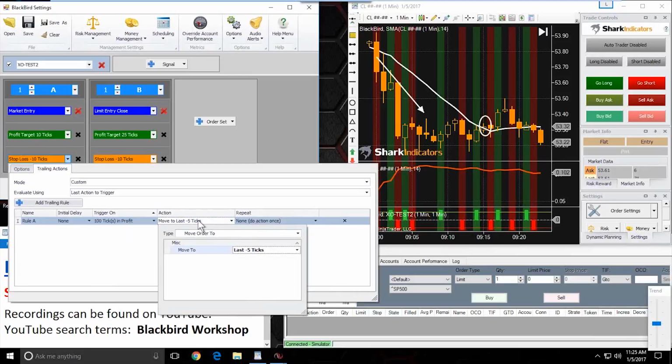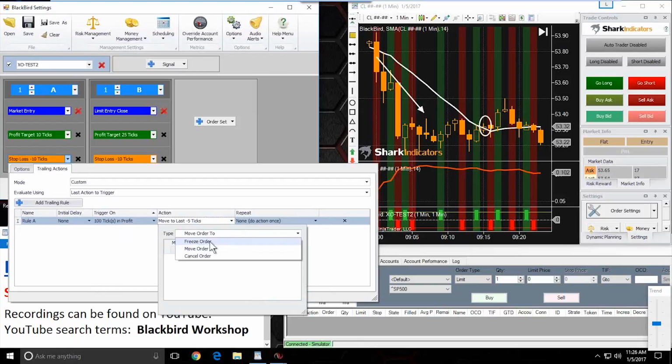So for the actions, the vast majority of the time, the action is going to be used to move your order. So for this example, the action is going to move our stop loss around. So the actions are, right, you could freeze an order.